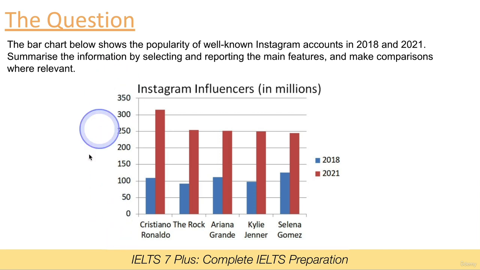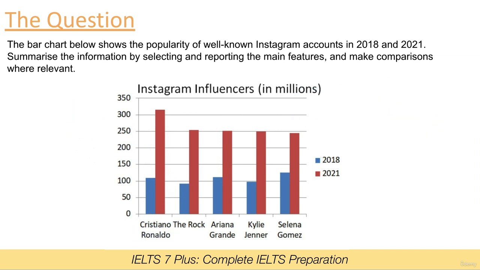And on the y-axis, we have the influencers, millions of followers. So it goes from 0 to 350 million. A lot of followers. Okay, so initial thoughts then. Wow, 2021 saw an increase for all accounts in followers, particularly Cristiano Ronaldo, I would say.